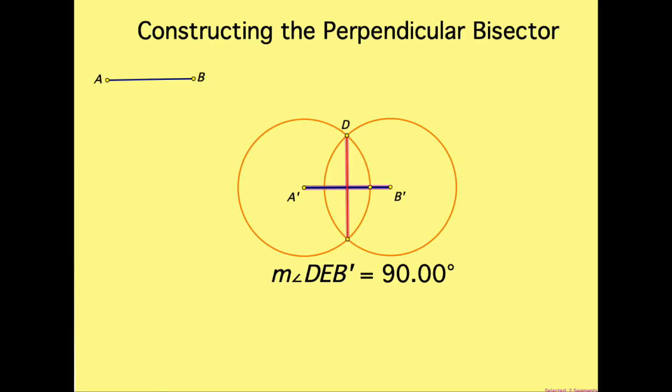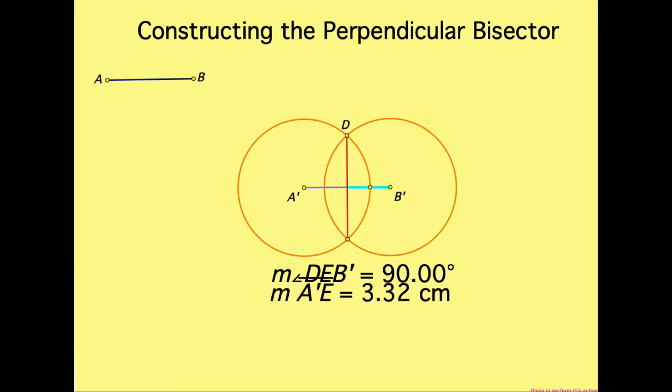So we've satisfied the first part of our term, perpendicular bisector. We've created a line that is perpendicular to our given segment. The question is, does it bisect the segment? So let's hide this segment and look at the distances between these points.